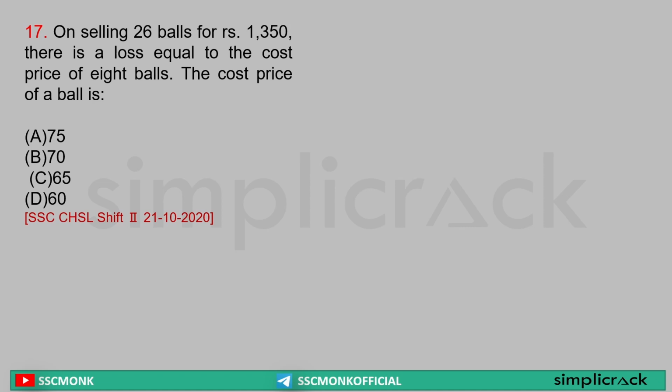Yes. So here the loss percentage will be very basic, that is 8 by 26 plus 8, 34 into 100. Yes or no? Yes. Now sir, this can be further solved. 2 4s are 8, 2 17s are 34.